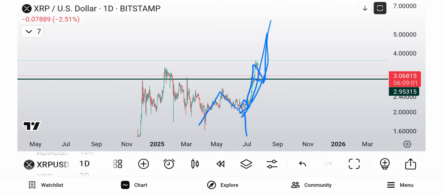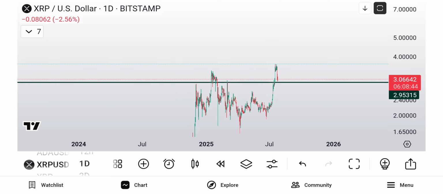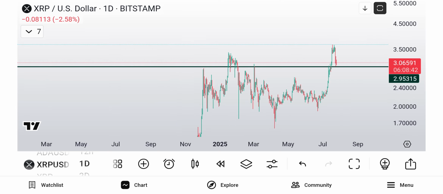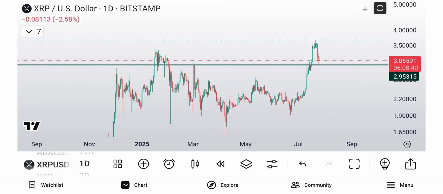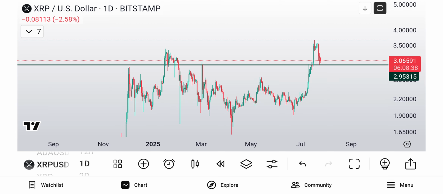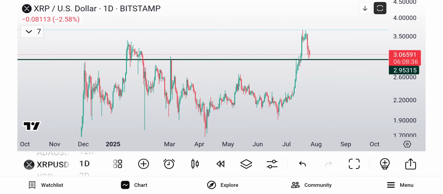Our third wave probably will end up somewhere between $4 and $6. And our fifth wave will end up somewhere between that and maybe 10, hopefully more. So realistically, ideally, $9 according to the market cap.